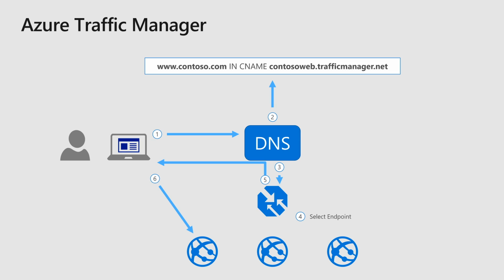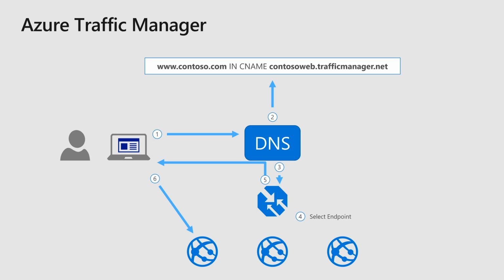So how does this work? As you can see there, that's the customer. So number one, I'm going to the DNS server and I'm saying, hey, I want to reach www.contoso.com. And then there's a CNAME record that points to contosoweb.trafficmanager.net. So number three, I get to the traffic manager. Then the traffic manager has the algorithm defined, and you have three endpoints over there.